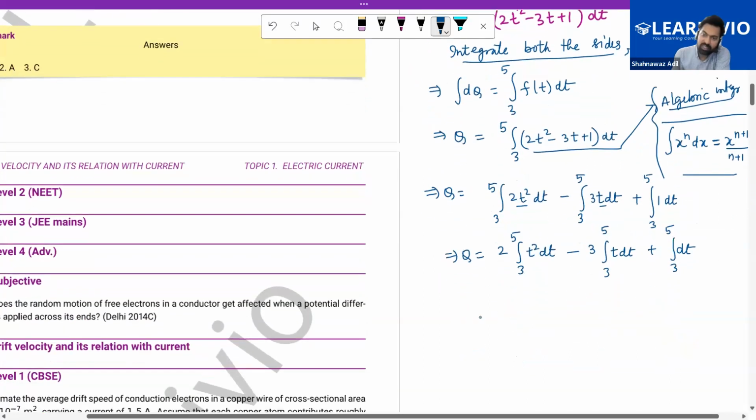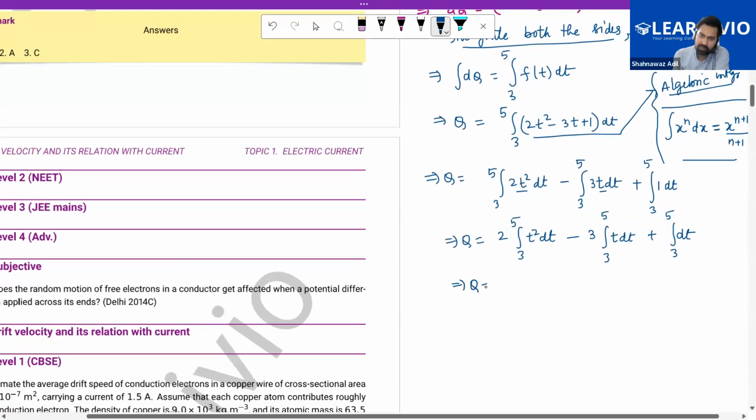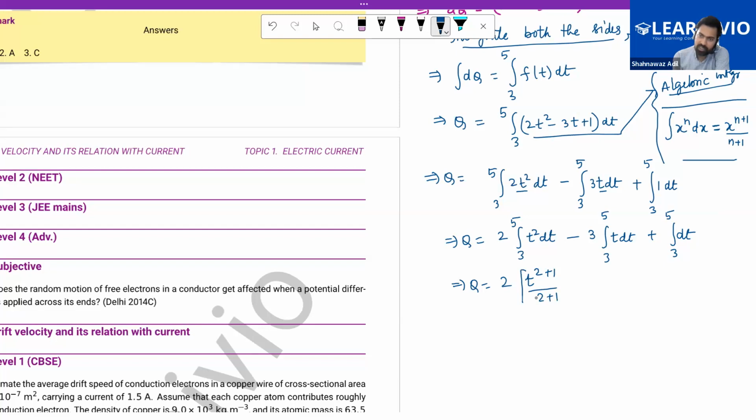Now we have to apply the algebraic integration. So what is the integration of t²? The power is 2, so t^(2+1) divided by 2+1, and then the limit. Similarly, for t the power is 1, so t^(1+1) divided by 1+1, and then the limit.